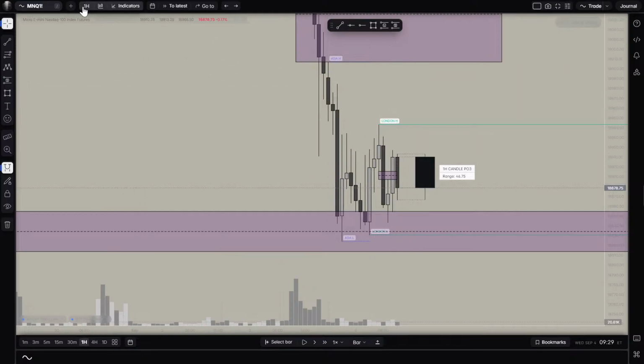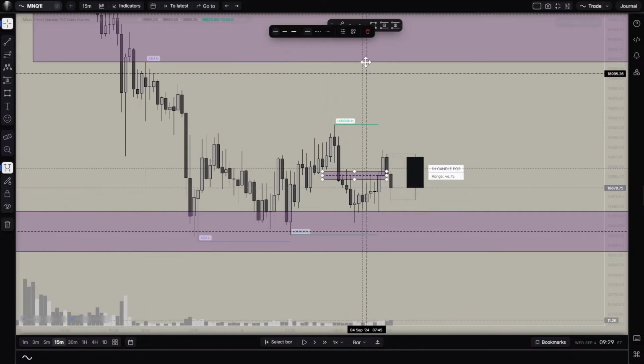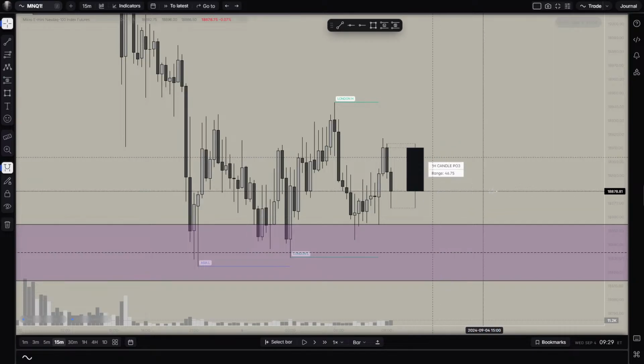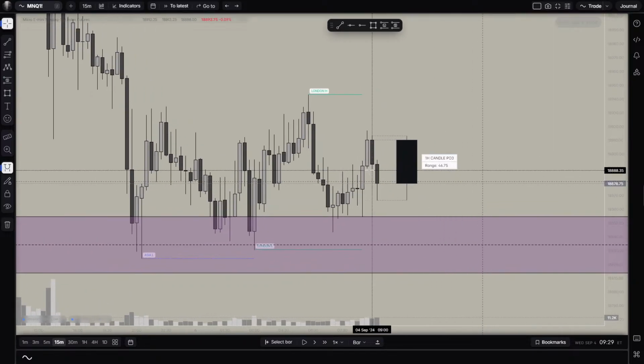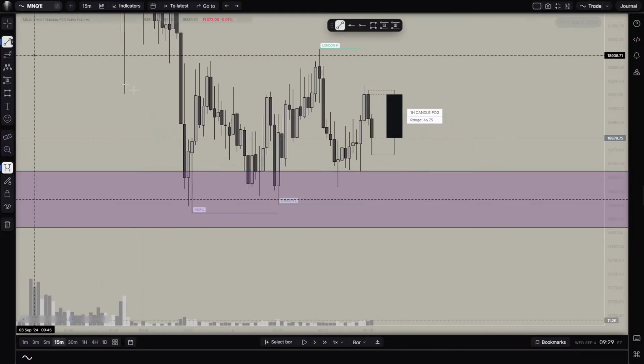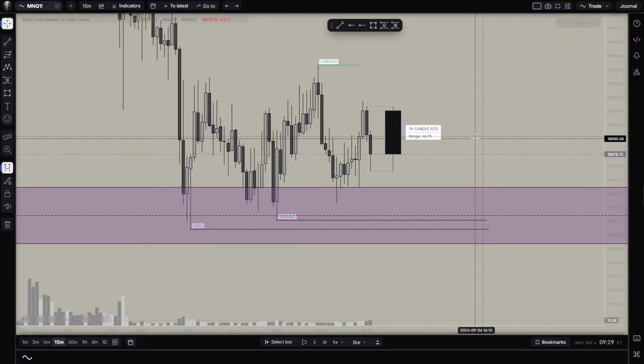Let's see on 15 minutes. Price closed above. Okay, we are getting a closure to this. Let's see if we clear all these liquidities also because they are resting pools.